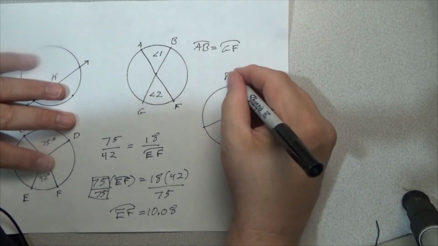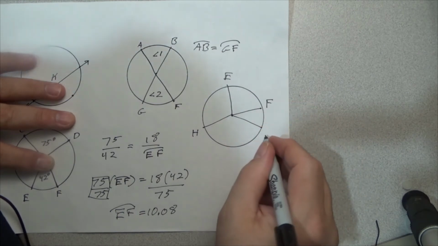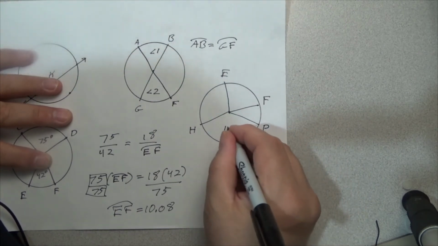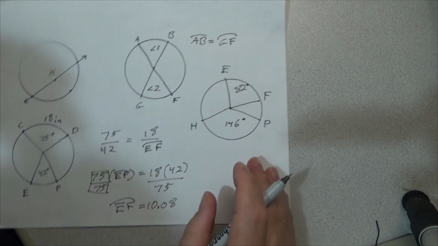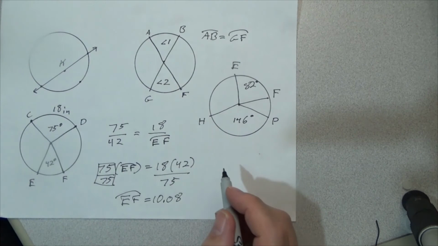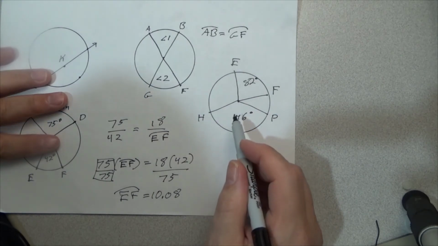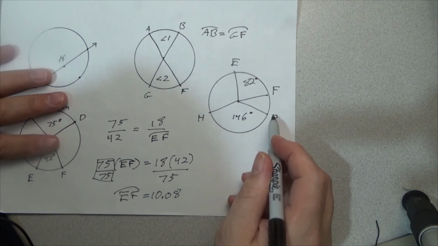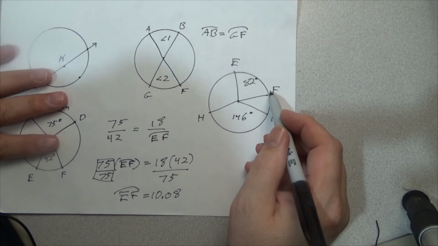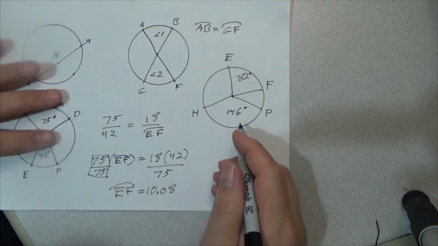The angles are 146 and 82. Part A says, what is arc HP when arc EF, right here, is 2.8.